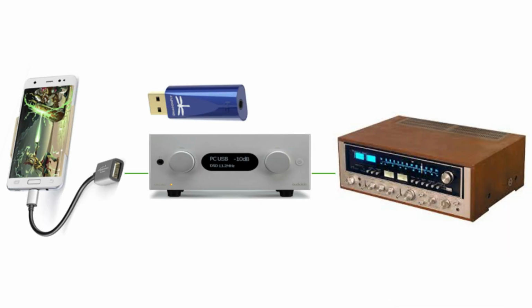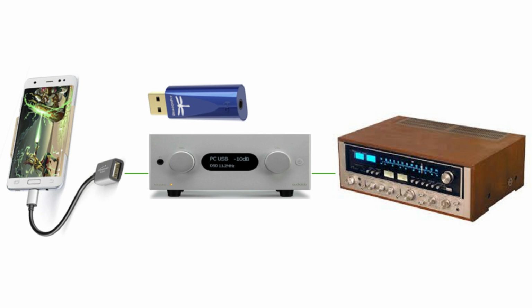So basically, you start with this cable that appears connected to the phone here. That's the USB OTG connector. You then use USB to connect that to your DAC.